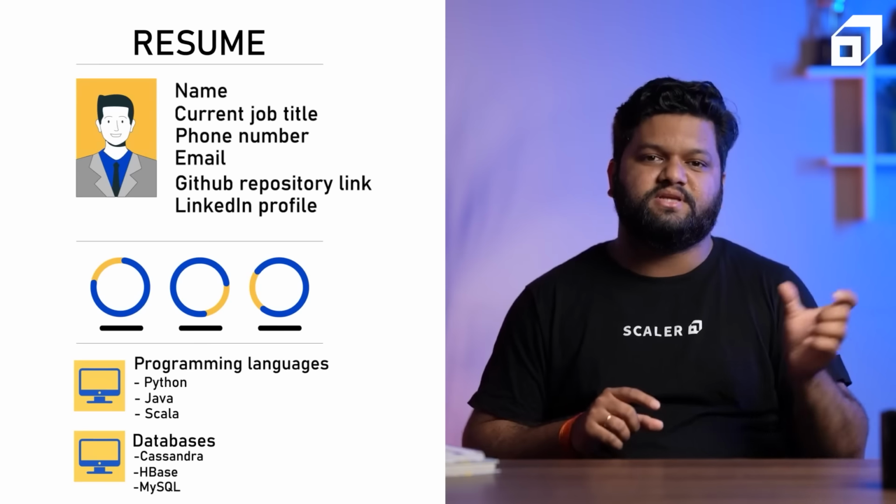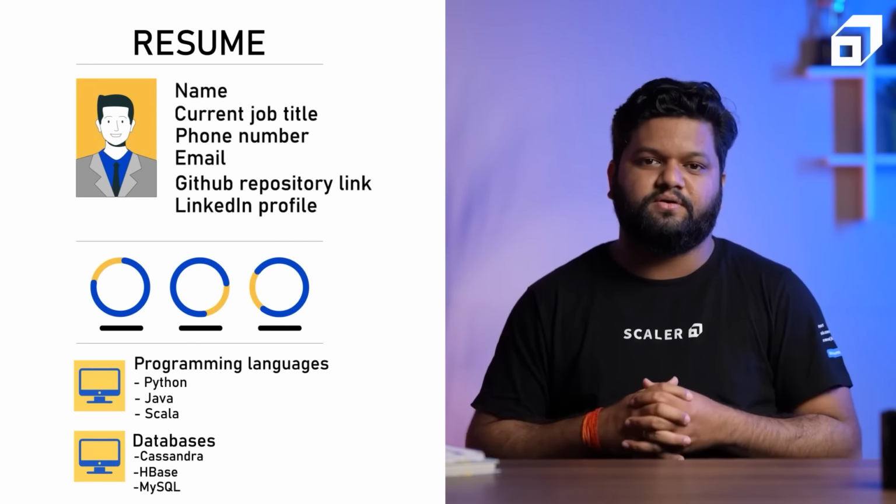Create a heading named database and mention them in front of it. Let's say you worked on multiple big data frameworks, Hive, Spark, Flink. Create a heading named big data frameworks and put them that way. So that's how you can beautify it, and it looks very decent, well categorized, and the recruiter can quickly identify what all technology domains you have worked on so far.